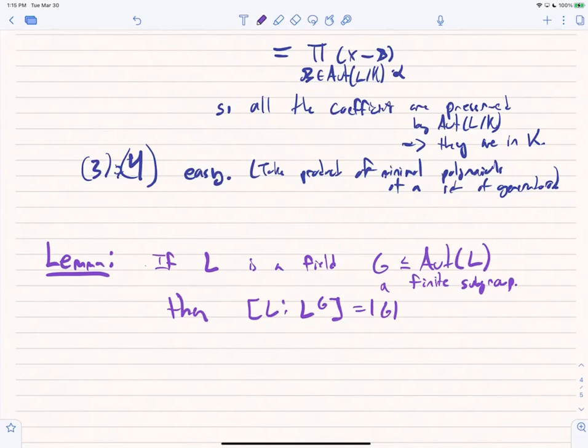If you don't, then it's not true for infinite subgroups. But anyway, we will just need it for finite subgroups.